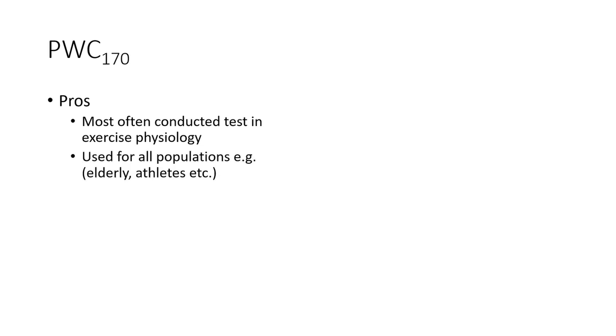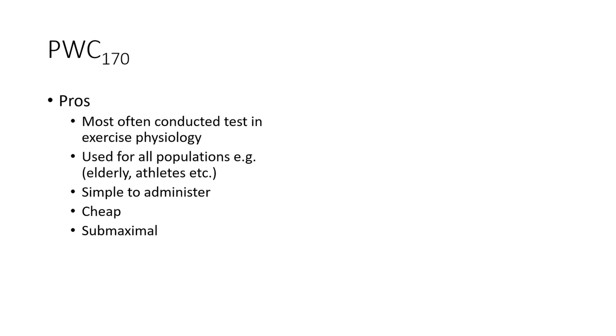So this test is good. There are quite a few pros. It's the most often conducted test in exercise physiology, and it's easy to do. It's pretty cheap. You can do it on any population: elderly, athletes, children, men and women. It's cheap because all you need is a watch, and you palpate with your fingers on the person's wrist to work out their heart rate.